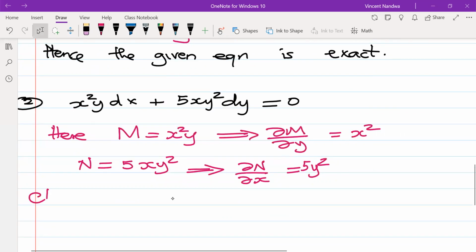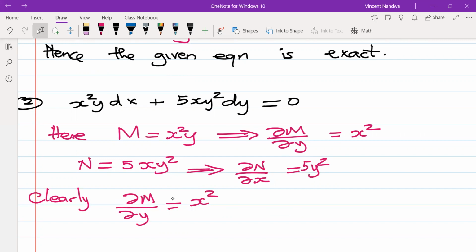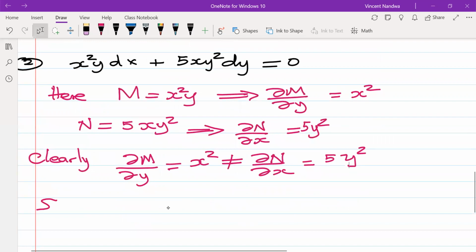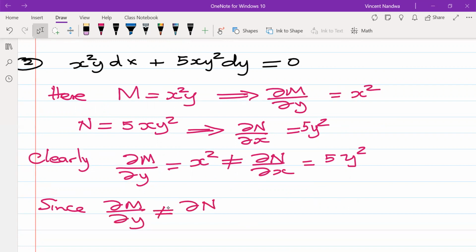Now, partial M partial y, which is x squared, is not the same as partial N partial x, whose value is 5y squared. So since partial M partial y is not equal to partial N partial x, the equation is not exact.